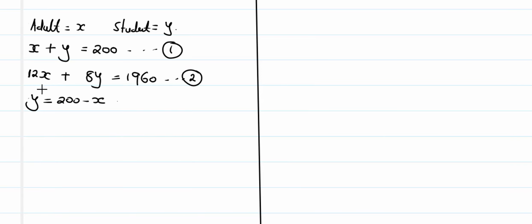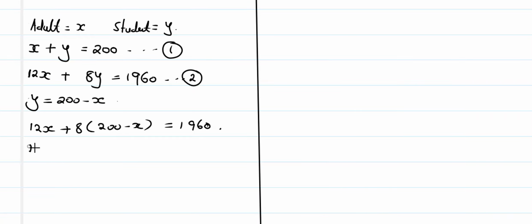Then I come to the second equation, and every place I have Y, I'll replace it with 200 minus X. So in the second equation, I have 12X plus 8, and since Y is 200 minus X, in brackets 200 minus X, equals 1960.